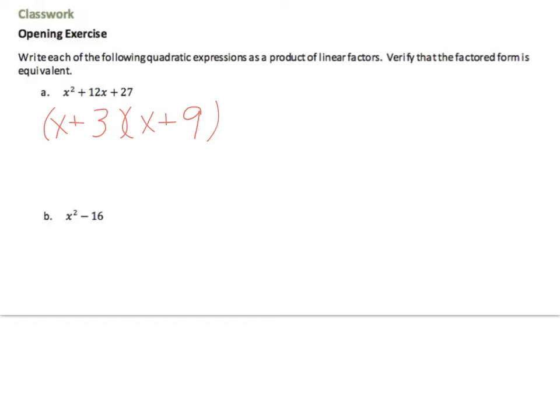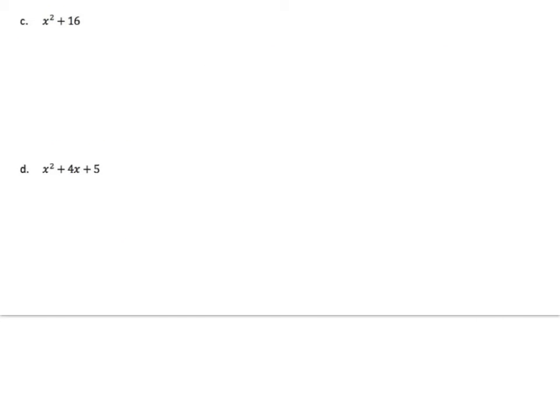This next one is the difference of 2 squares, which is super simple. Let's move on. Okay, this next one, tad bit harder. So I'm going to set that equal to 0 so I can move this to the other side.